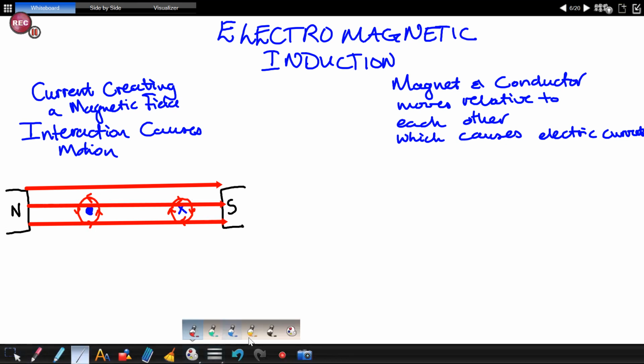Can you see that? Here, the magnetic field of the conductor is in that direction. There it's in that direction, and there, and there. Here it's in this direction, and there it is in that direction.